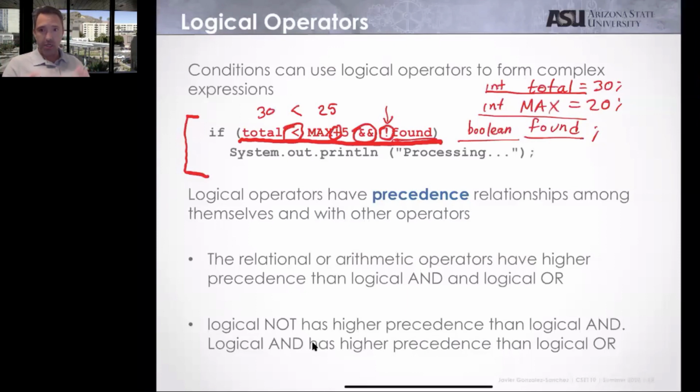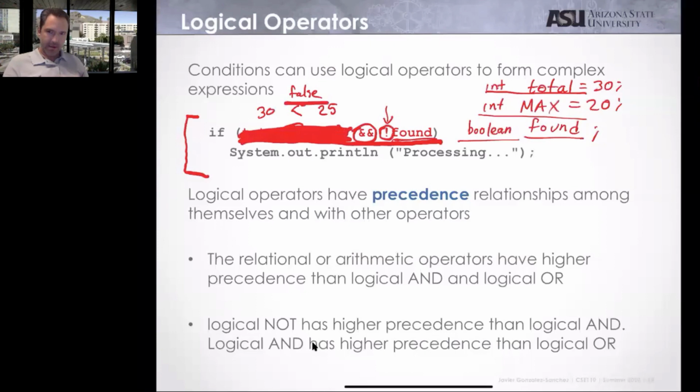Because 30 lower than 25 is not true. So false. So all of this you can forget, because the result of all of that is this false, right? You just reduce all of this, whatever was there, and that is false.